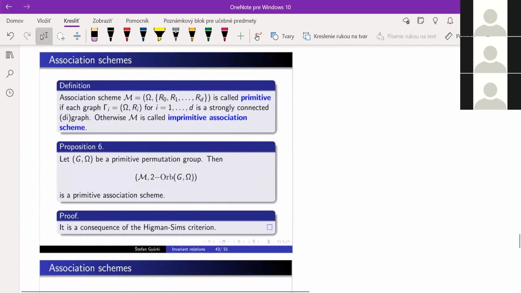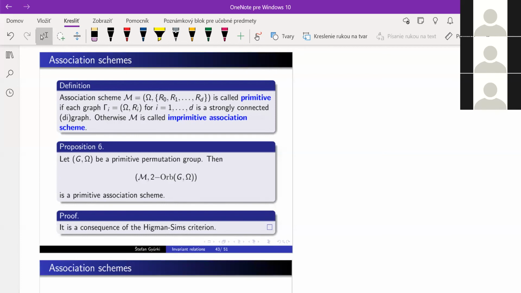So let me continue with some theoretical things. Similarly, the concept of primitivity can be extended also to association schemes, given by the same definition. We will call an association scheme primitive if each of the basic graphs corresponding to that association scheme is a strongly connected graph or digraph, and otherwise, the association scheme is called imprimitive.